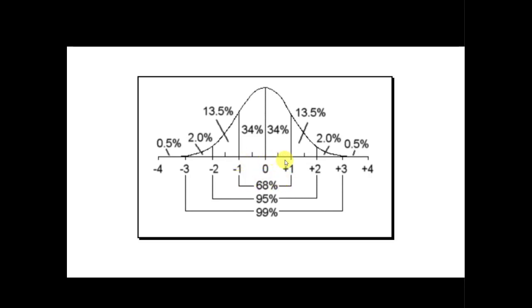So if you wanted a 68% confidence interval, you would need this raw score that is aligned with one standard error below the mean, and you would need this raw score which is aligned with one standard error above the mean.